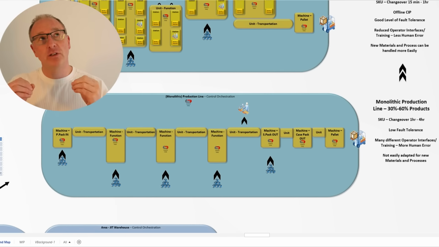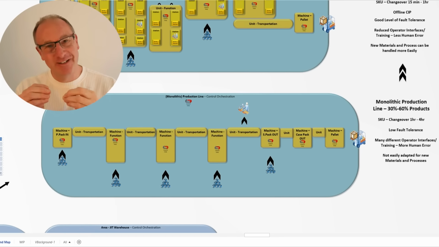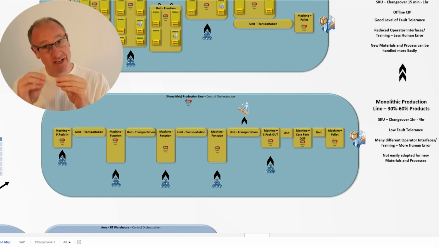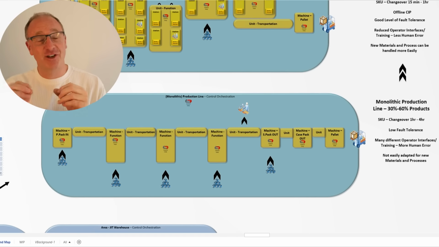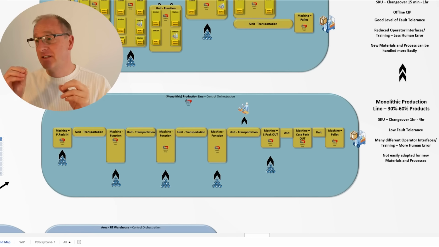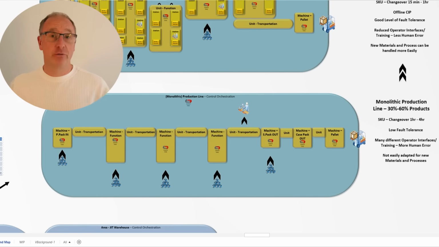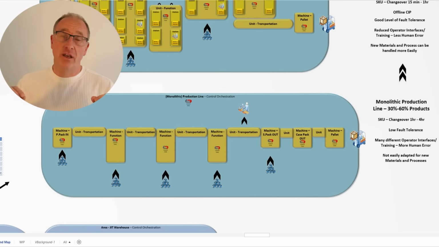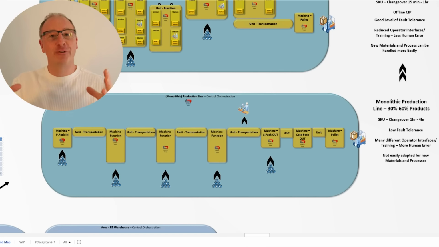But another one of the key ones, next to the change over time, is how many products can you run on this particular asset out of your portfolio? And then, of course, as time goes on, the portfolio gets bigger. And you normally end up having to take lines out to put new lines in that can run certain products.